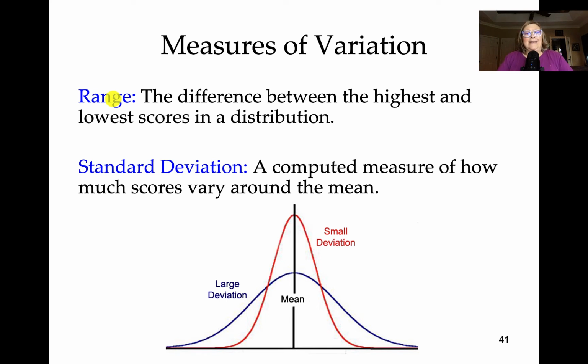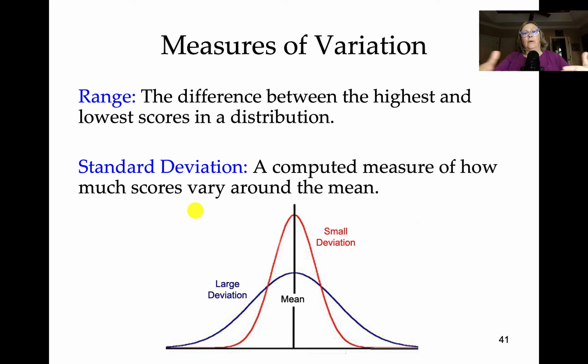But when you have a lot of data and you have outliers, like we saw in that family income distribution, for example, the range would have gone from 710,000 to 0, which is a really big range. We really like to use the standard deviation instead. You calculate the arithmetic mean. The standard deviation is actually an average of how much each data point deviates from, or is different from, the mean.